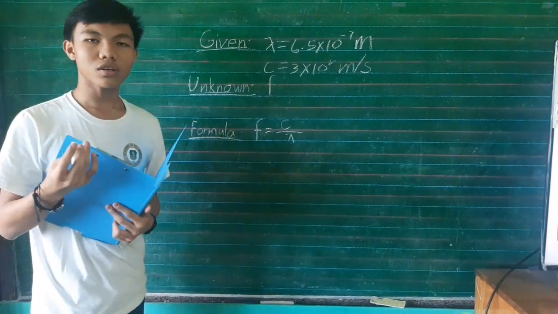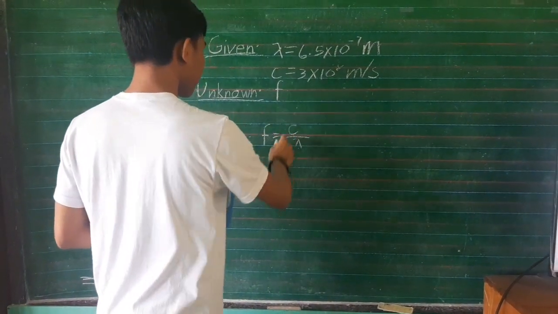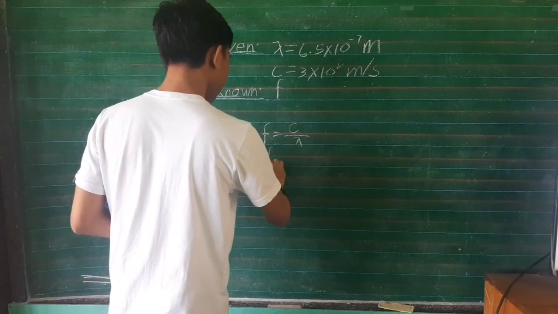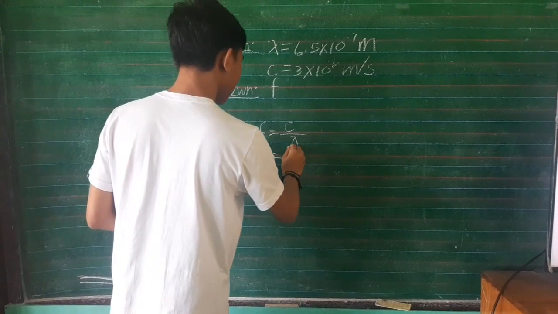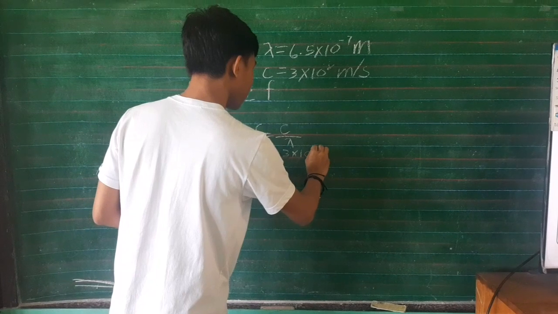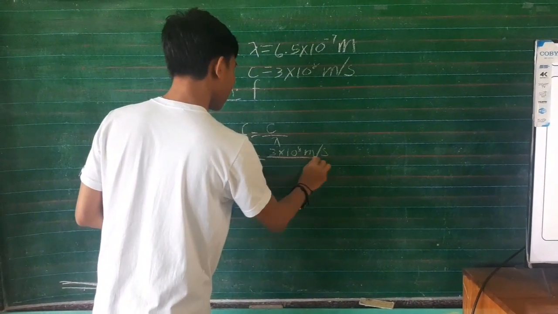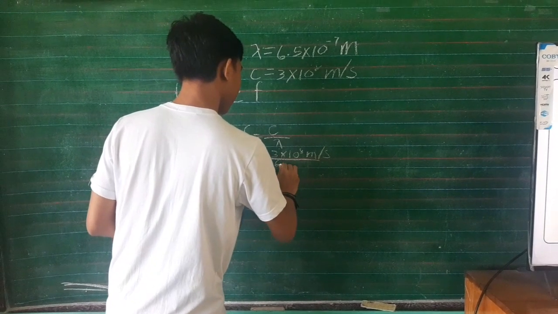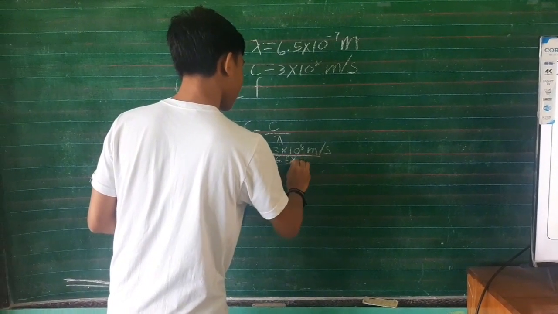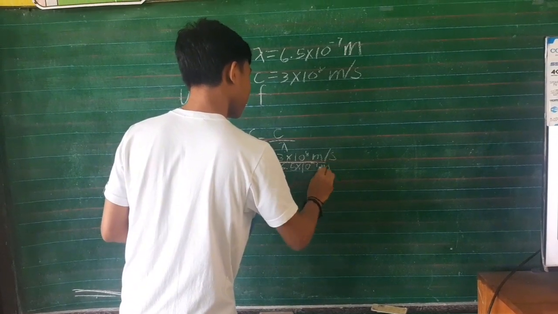Now, we can start equating. So, substitute: frequency is equal to 3 times 10 raised to 8 meters per second and 6.5 times 10 raised to negative 7 meters.